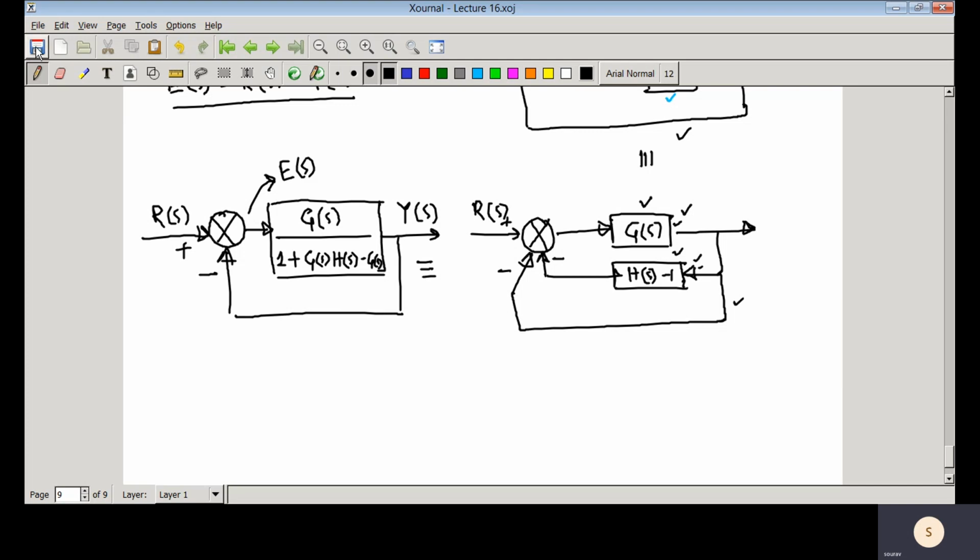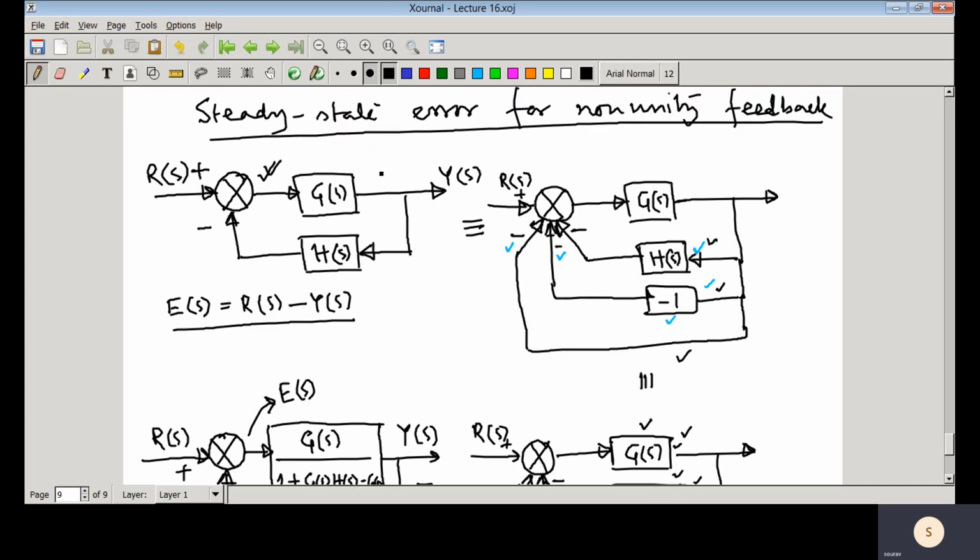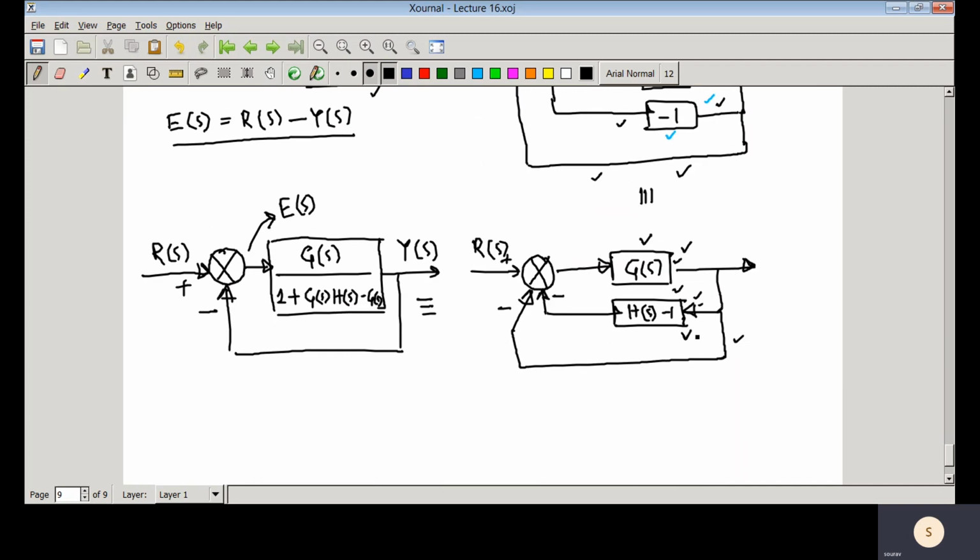So what we have seen, that means whenever we have a feedback path like that, E(s), G(s) and H(s), this is no longer an error signal. So we have transformed this particular path. That means we have added one minus 1 and plus 1 with negative feedback, and then we have combined these two, we'll get this one. Then we can transform it in that way. So then what happens?